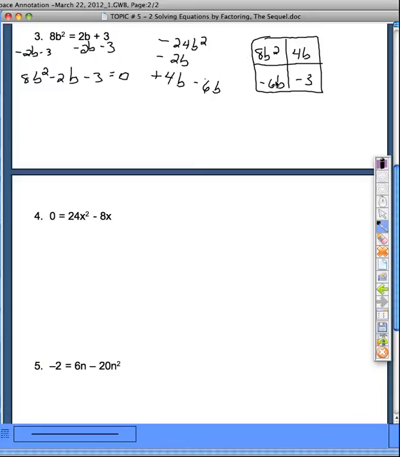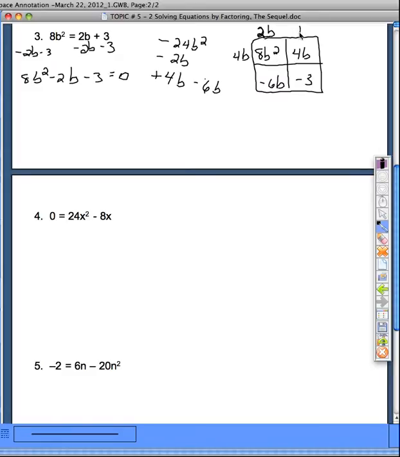Well, neither of these is a multiple of 8, so we're going to use 2 times 4. And the 6 is a multiple of 2, but not a 4, so we'll put the 2 here and the 4 on the side. So that multiplies to be 8b squared.